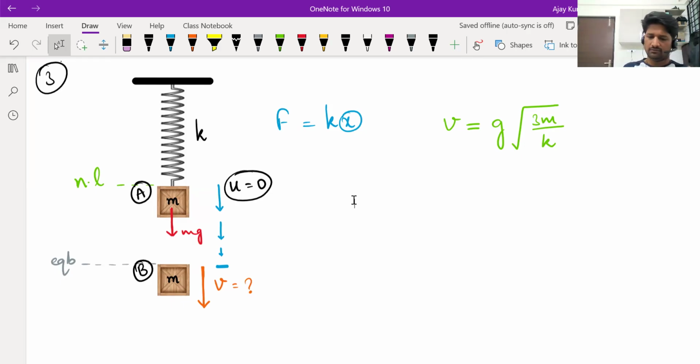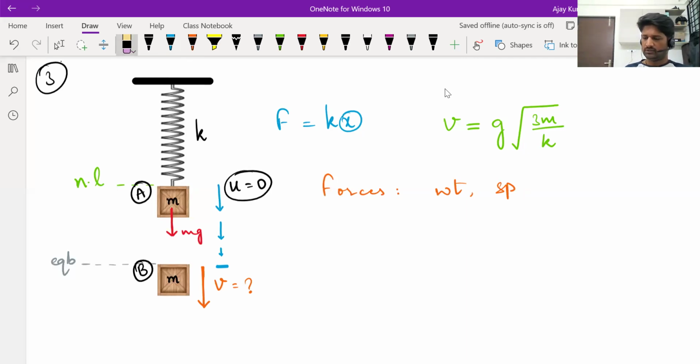Okay. Follow me, all of you. Pawan, you unmute. What all forces act on the block as it moves from A to B? Gravitational force, spring force. Weight, spring force. Any other?